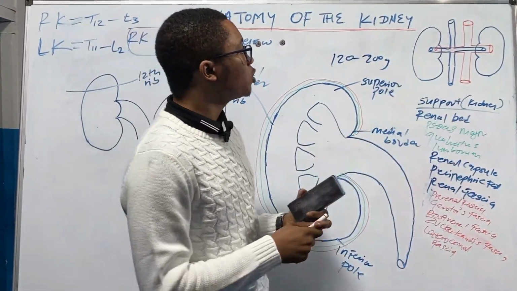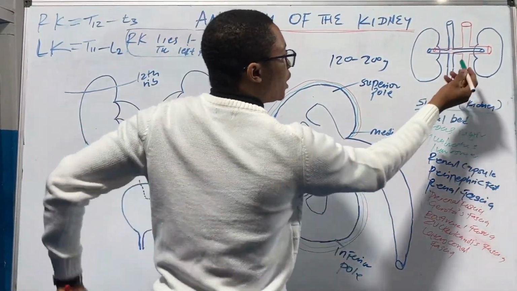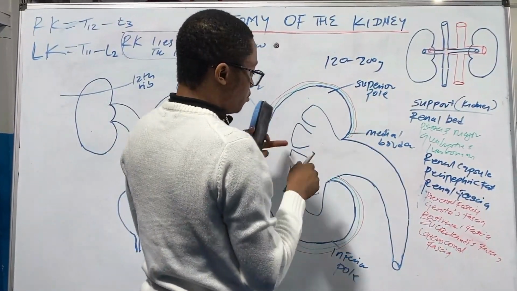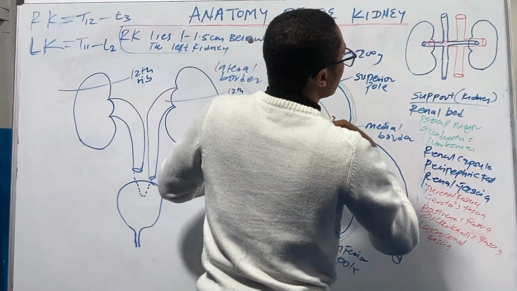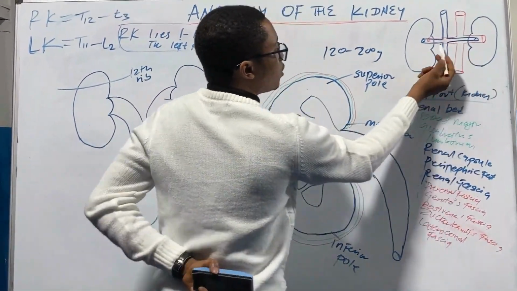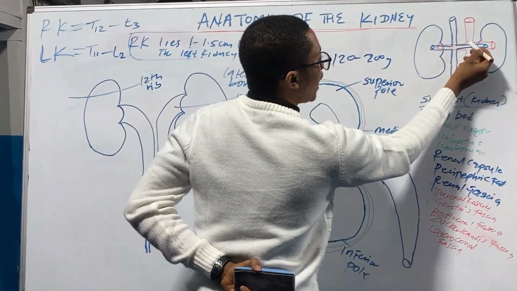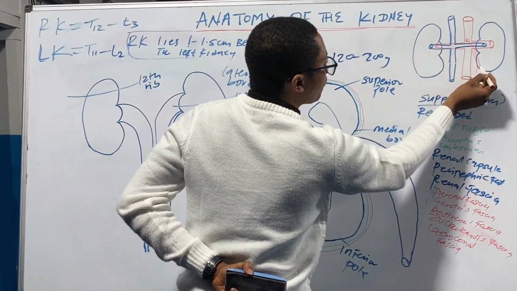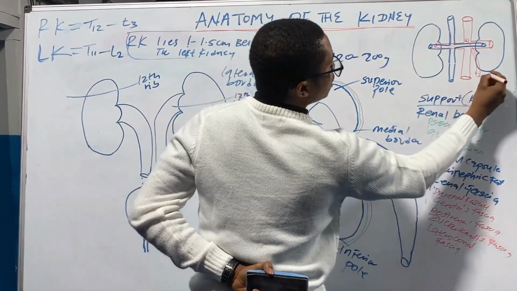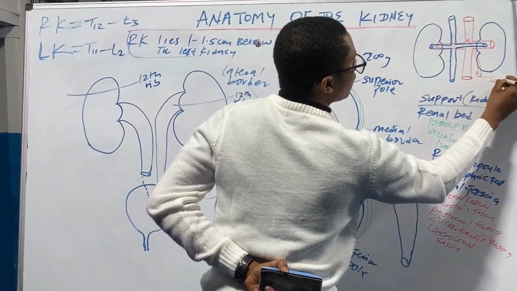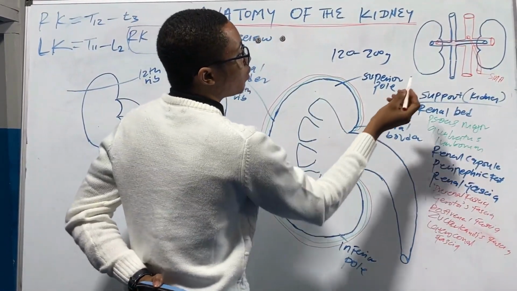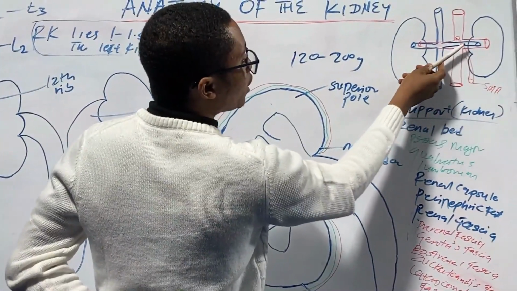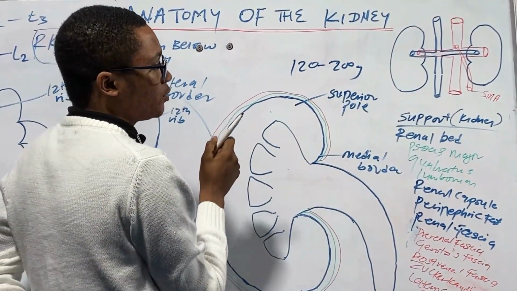All right. Now remember, the superior mesenteric artery comes off from the abdominal aorta. Let me just draw it here. Let's say this is the superior mesenteric artery, SMA. You find that the left renal vein lies between the abdominal aorta and the superior mesenteric artery.